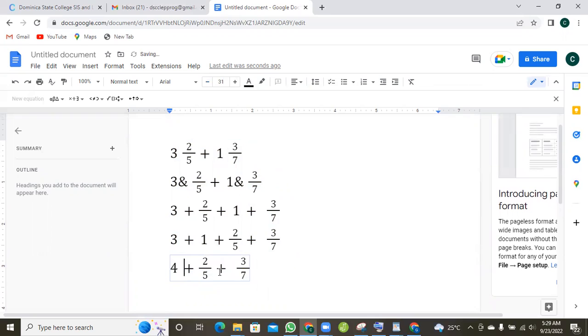And 2/5 plus 3/7. We can do this on one line, or we can create one more line.